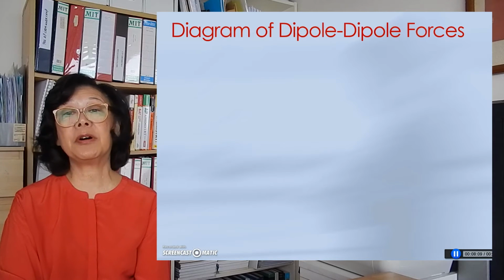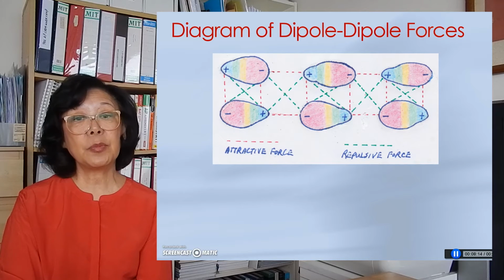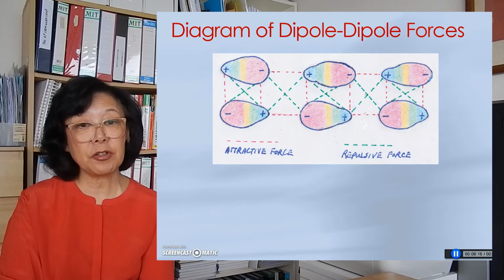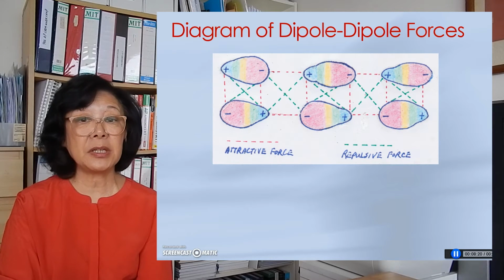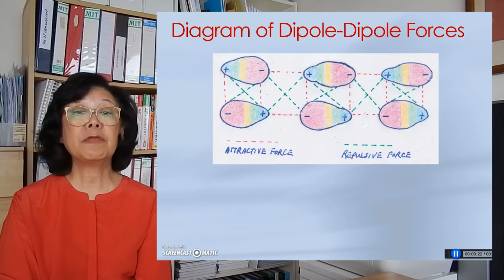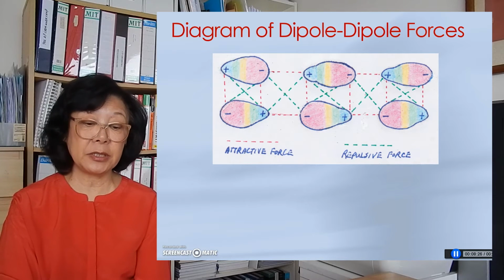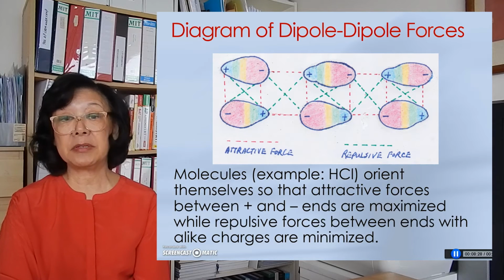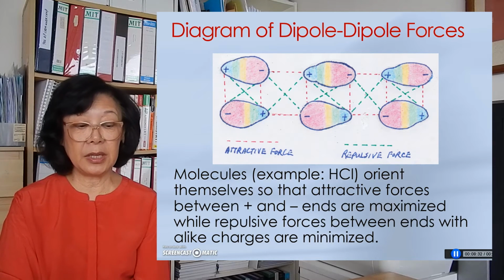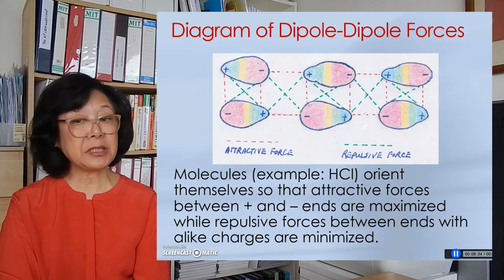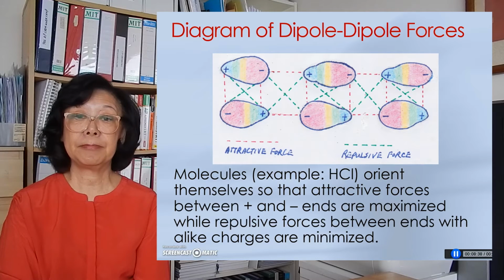Now here's a diagram of dipole-dipole forces, and you can see that the red line represents the force of attraction between positive and negative ends of adjacent molecules, and the green line represents the repulsive forces between like charges on adjacent molecules. And this is an example of hydrogen chloride. The attractive forces are maximized and the repulsive forces are minimized.